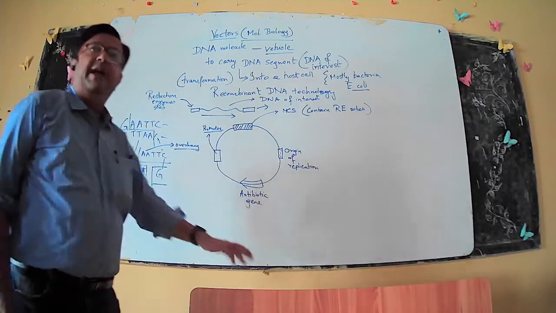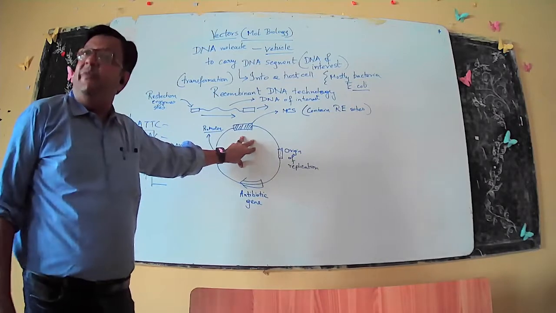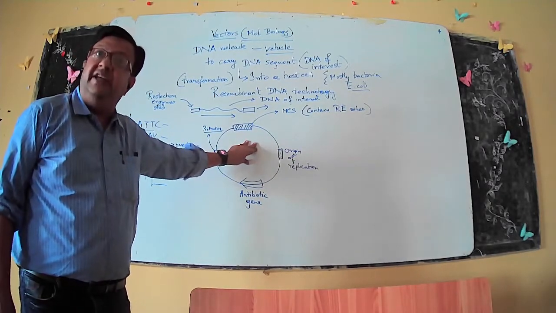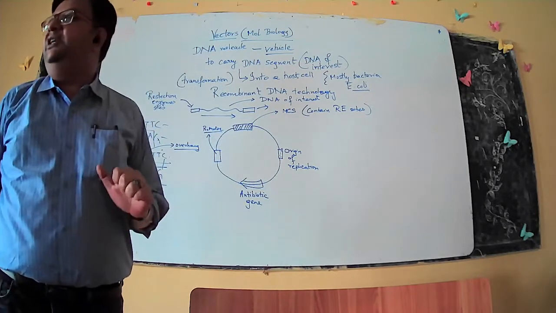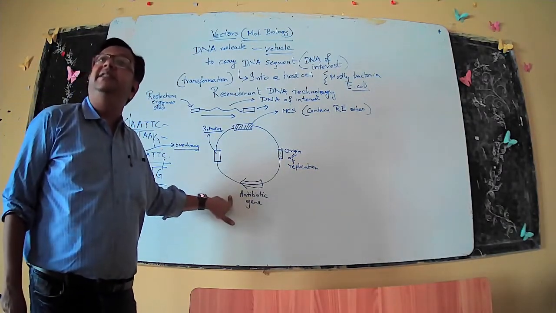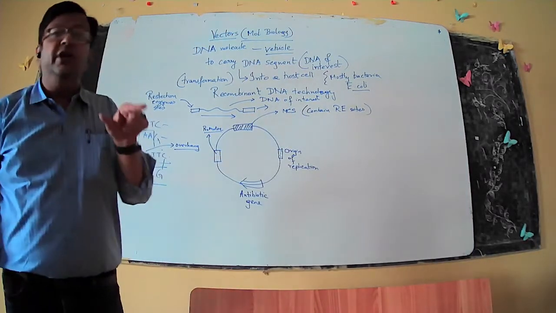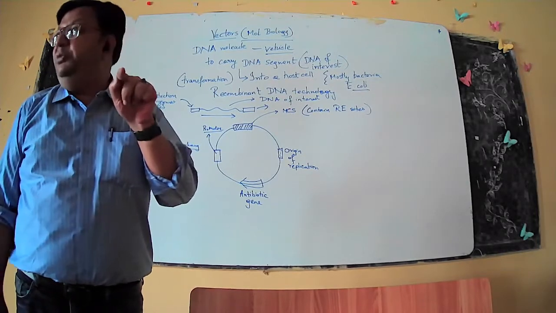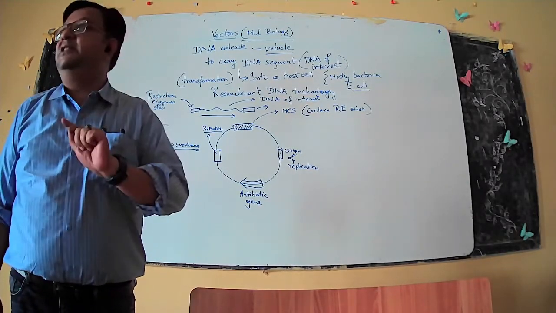This can be ampicillin or whatever. So when you transform this vehicle or vector into a host cell, the bacteria E. coli, that bacteria must be resistant to this particular antibiotic. So you can distinguish between cells which have been transformed and which have not.